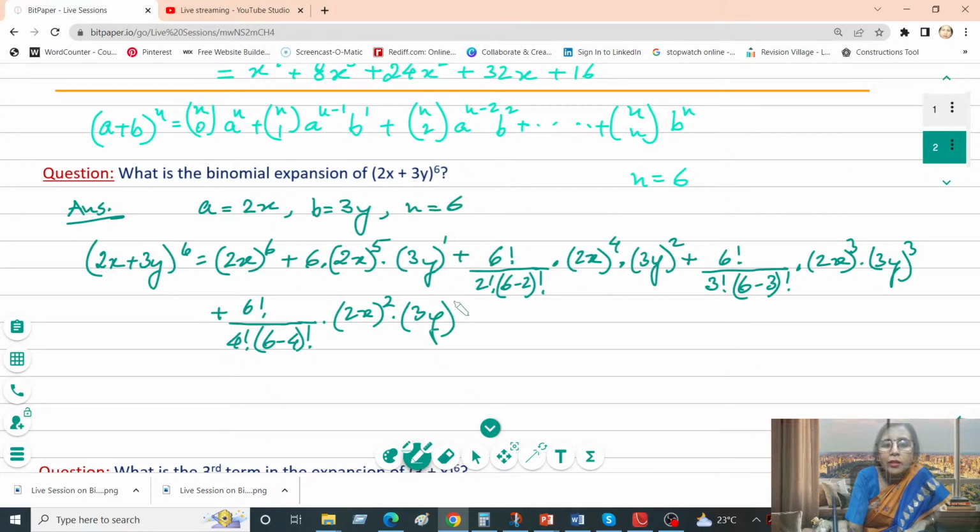It is 3, now it should be 4. Plus 6C5, I know this to be equal to 6, so I am not writing those things. And this is (2x) to the power of 1, which is 2x, (3y) to the power of 5, plus (3y) to the power of 6.